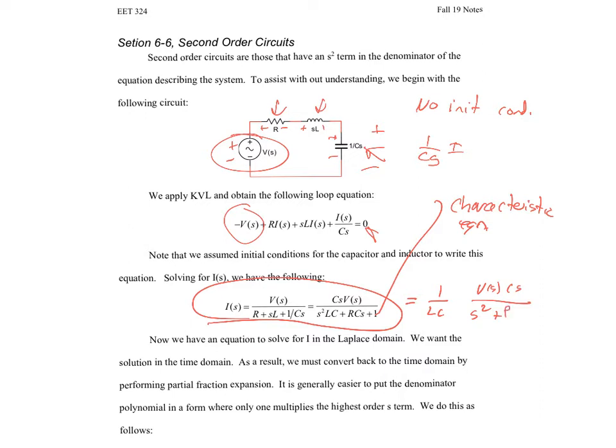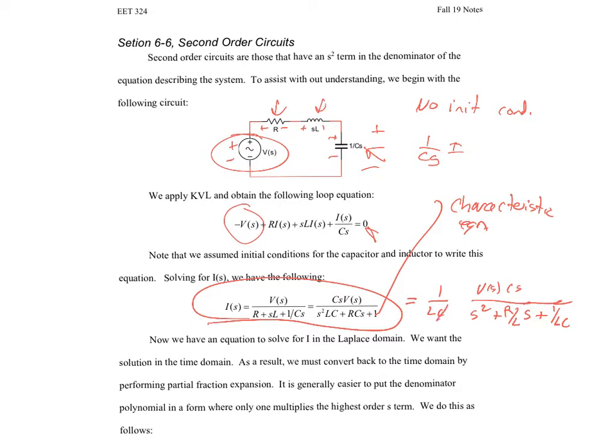So we're left with R over L times S. Right? Everybody see how I just factored out the LC? So I divide the C out, and then I divide the L, but there's no L term in there, so I've got to just factor that out. Plus 1 over L times C. Okay? And that's a little bit nicer.